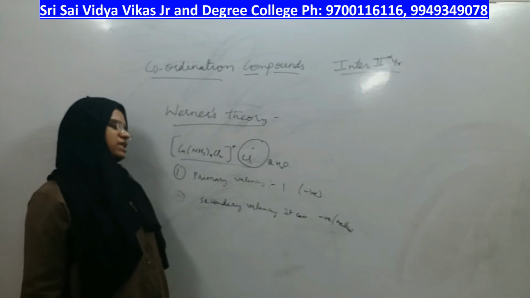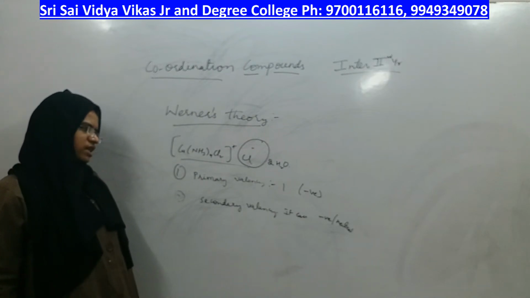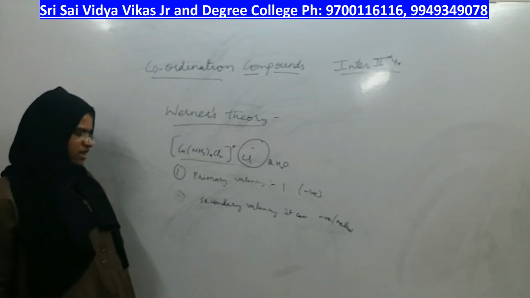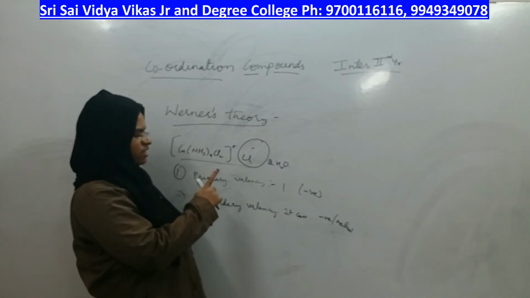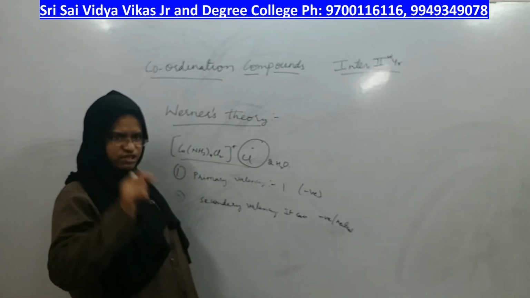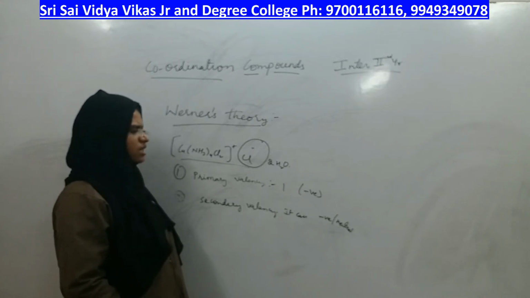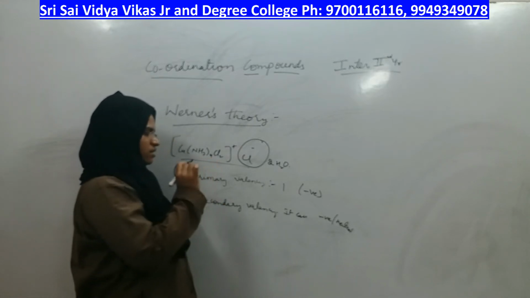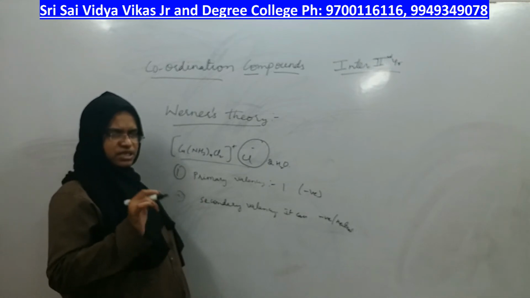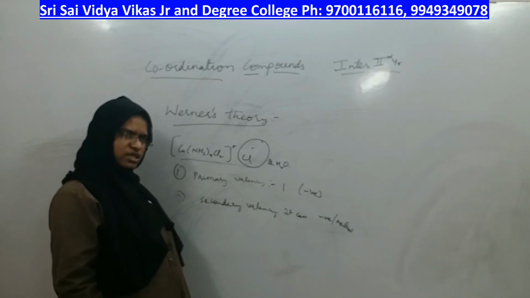For primary the condition was only negative, but for secondary that condition does not exist, right. In this case we have already counted that the primary valency was 1. Now, let us count the secondary valency. The definition was the atoms or groups present surrounding the central metal ion is the secondary valency.